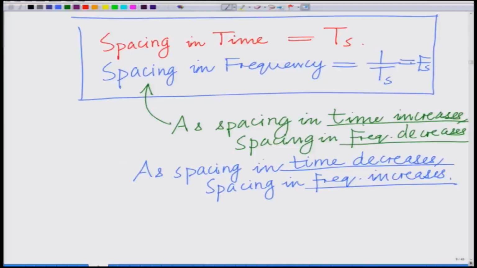It means that as you are sampling finer and finer in time, T s is decreasing, the sampling frequency F s is increasing, and therefore the spacing between successive impulses of the impulse train in the frequency domain is increasing.